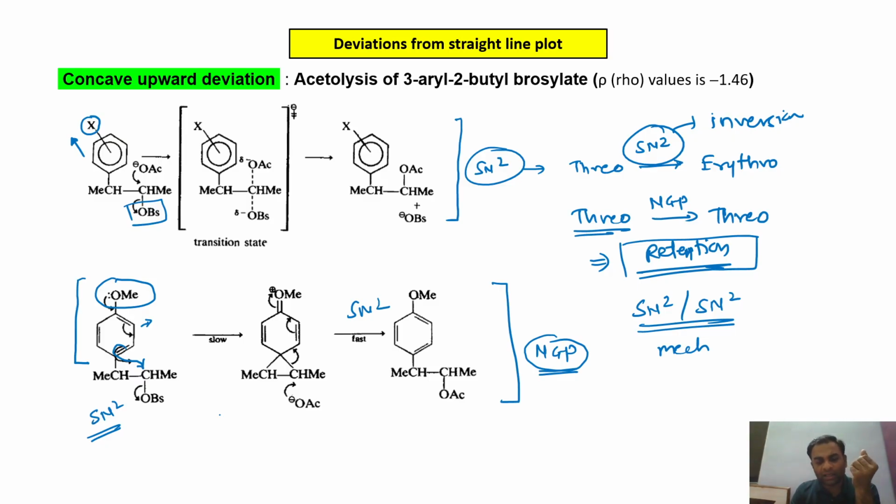For the substituent that follows the SN2 mechanism, we have inversion of configuration in the product, and when the reaction follows the NGP mechanism, the threo compound offers the threo product, that is, retention of configuration takes place.